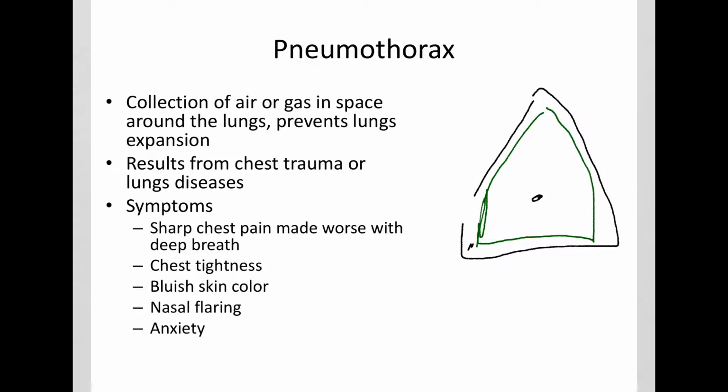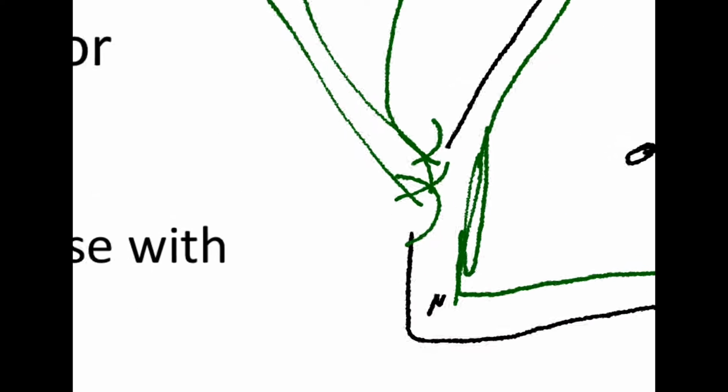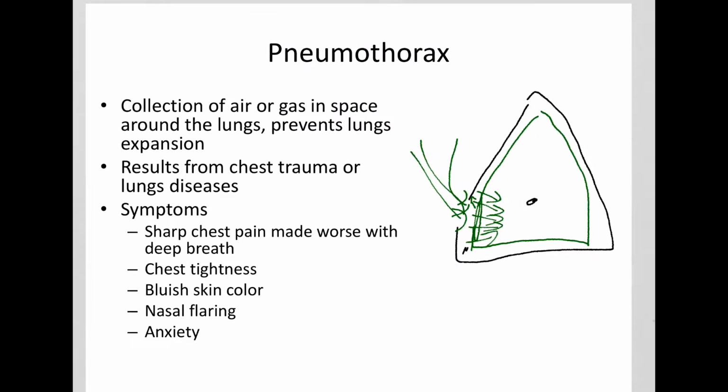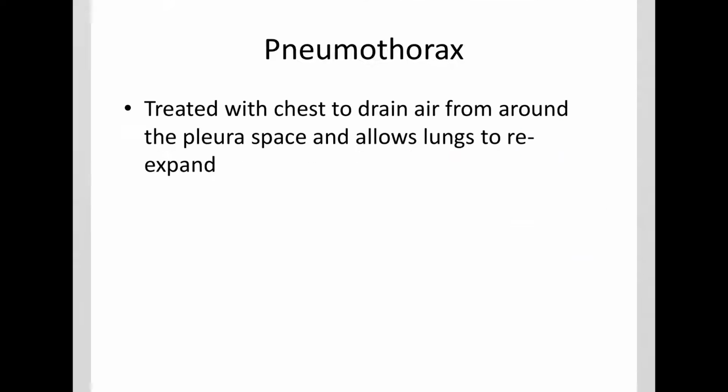What's going to happen is air is going to rush into that pleura space, and the pressure is going to increase in the pleura space greater than the pressure in the lungs. So there's an inward pressure into the lungs themselves. Okay, so because there's that pressure difference, the air rushes into that pleura space, and the pressure becomes greater in the pleura than in the lungs.